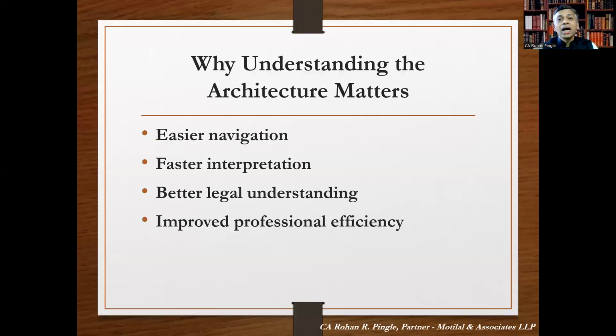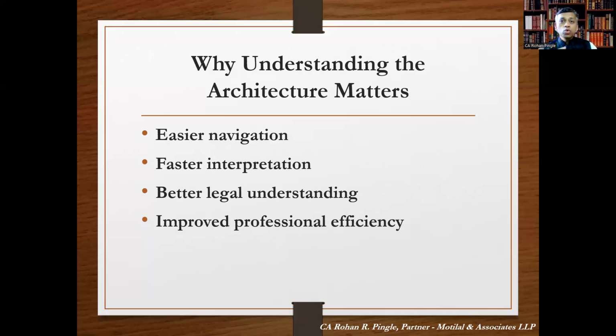Why understanding the architecture matters. Many professionals spend years searching for provisions simply because they never understood where provisions are logically placed. Understanding the architecture helps you locate the provisions quickly, connect one chapter with another, understand why a particular provision exists, read amendments intelligently, and develop confidence while handling practical cases.